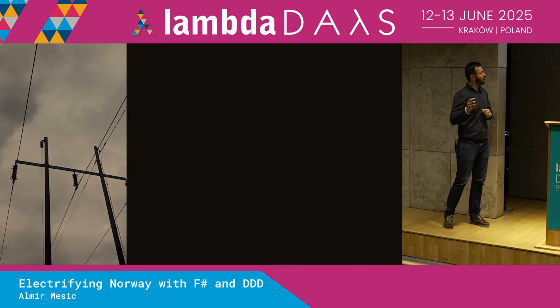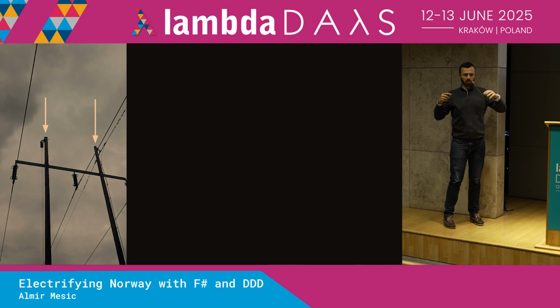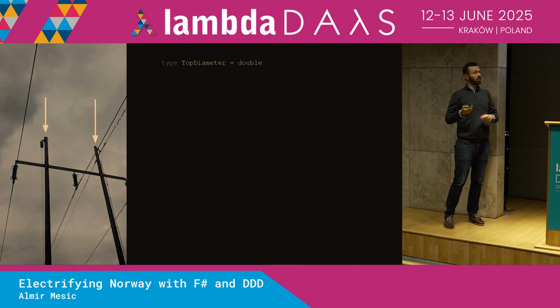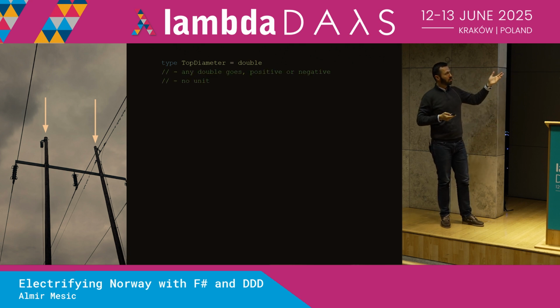So in which context do we use this? When we talk about diameter, we're quite interested in the top diameter and the bottom diameter of a pole. One way to express this would be to just say, okay, top diameter is a double, but that's not ideal, right? Because any double goes, positive or negative, there's no unit, so there's zero type safety. Okay, let's add a unit.